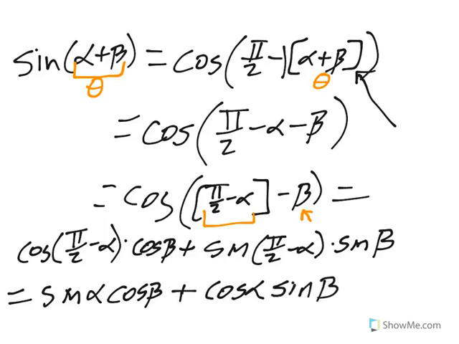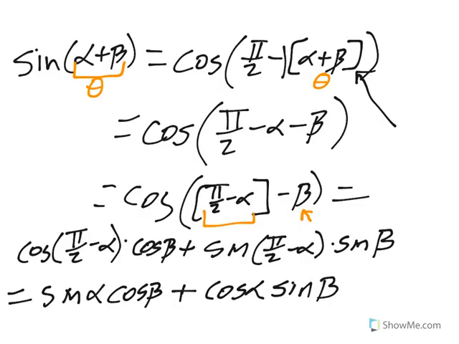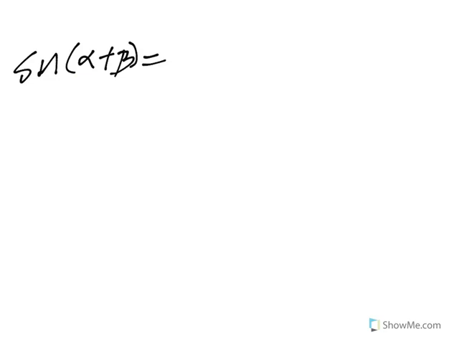So this is cool. I now have a formula that says the sine of the sum of two angles is equal to, and let's be careful, sine of the first, cosine of the second, plus cosine of the first, sine of the second.